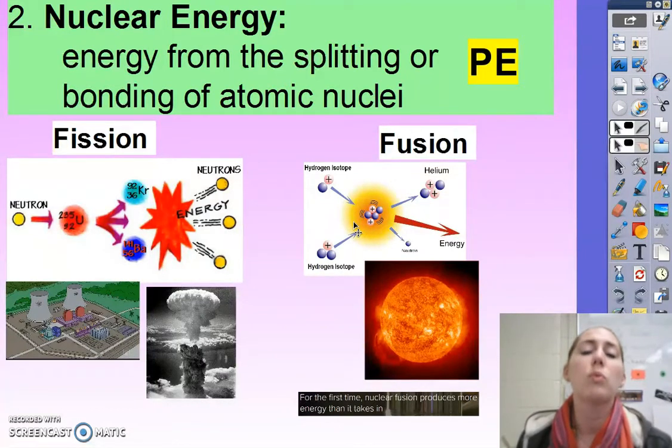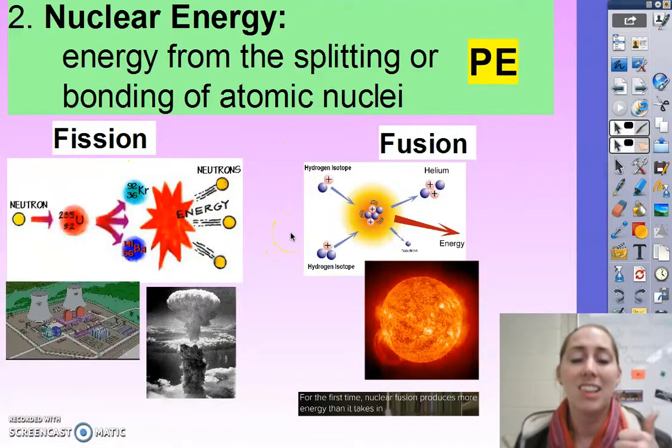And here on Earth, we would love to be able to use nuclear fusion as opposed to nuclear fission, because this releases far more energy than fission. But, one, it takes a lot of energy to cause these hydrogen atoms to fuse and become one helium atom.